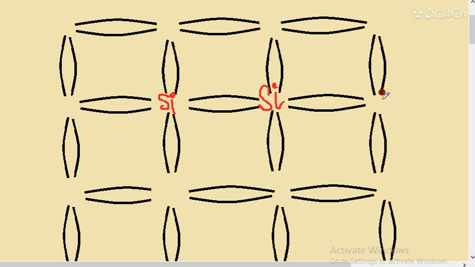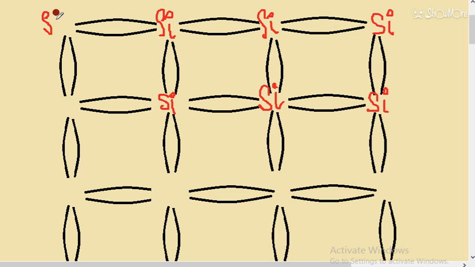The same silicon atom is here. So if all the atoms in a crystal are the same, like here you can see all the atoms are silicon, no other atom is there, then we call it an intrinsic semiconductor.